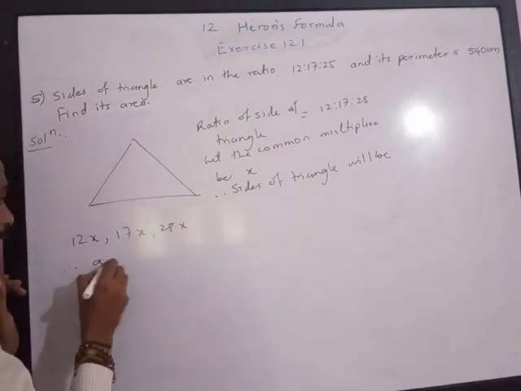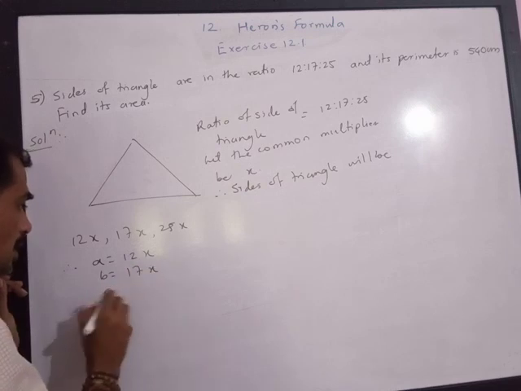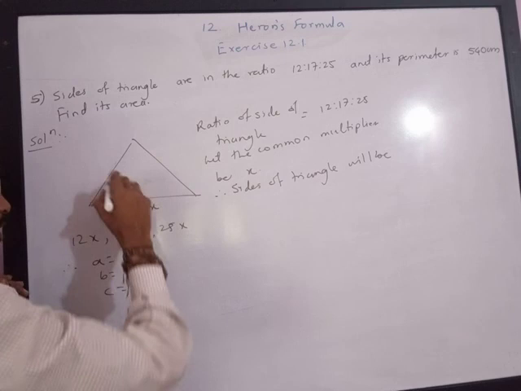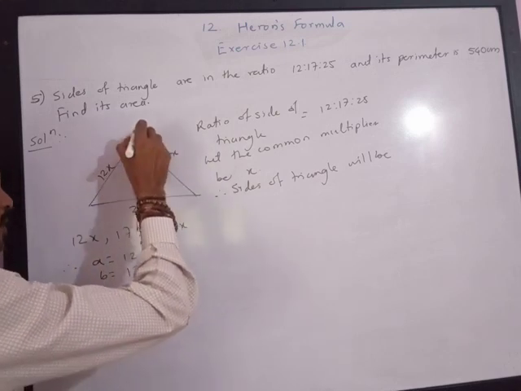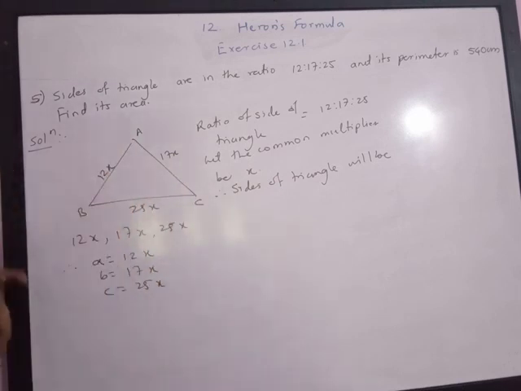Therefore, we can say that a is equal to 12x, b is equal to 17x and c is equal to 25x. This can be shown in the figure as something like this: 12x, 17x. This is a triangle ABC in which a's value is 12x.